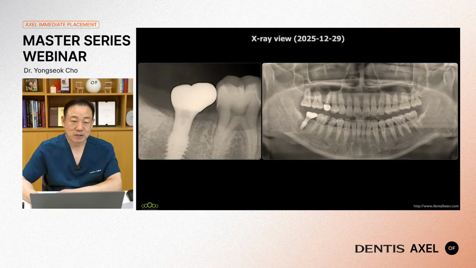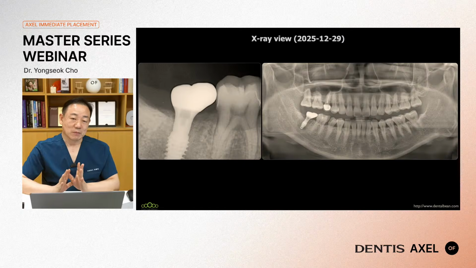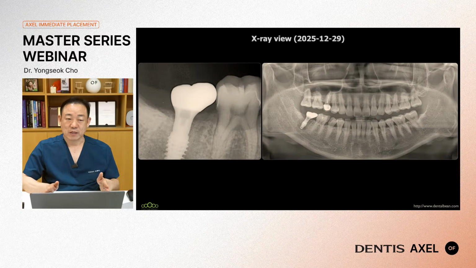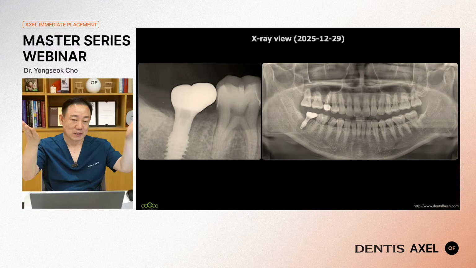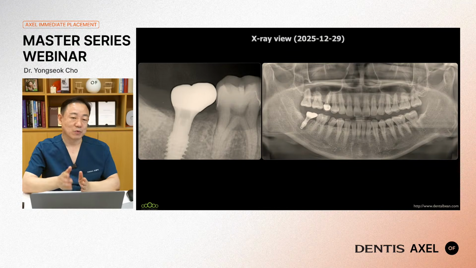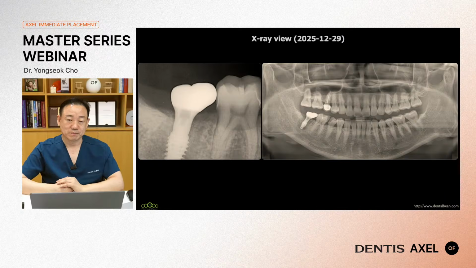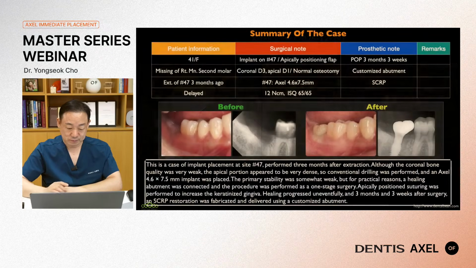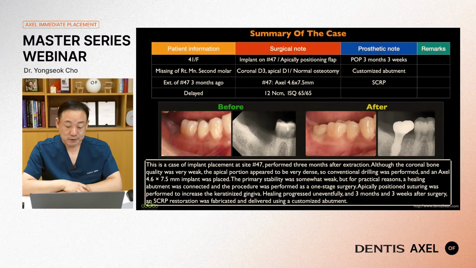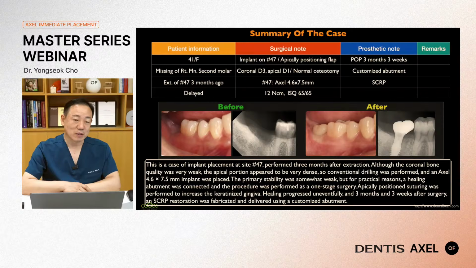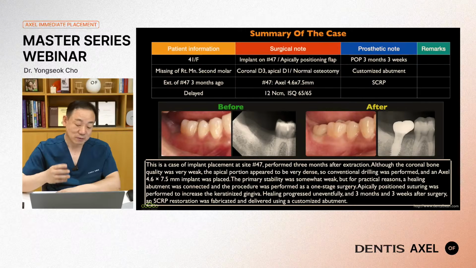I placed the implant deeply, so the emergence profile looks to gradually widen from deep to the gingival margin. In this case, I performed flap surgery, although this is not my usual preference, but opening the flap and apically positioning suture made a better result than simple flapless surgery.